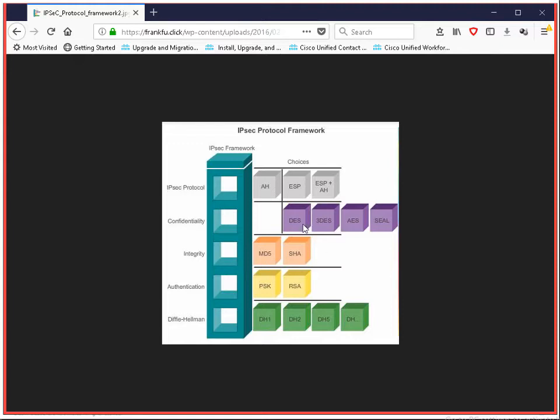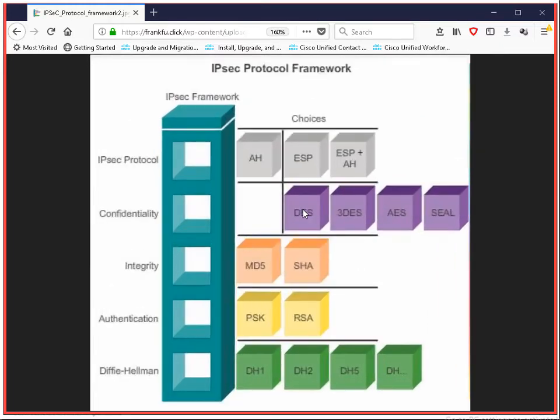Now you have choices in how you decide to implement the protocol. You can do something called AH, which stands for Authentication Header, which means essentially that you're implementing authentication without encryption. So you can see the confidentiality block is missing, but you still have message integrity, authentication, and some sort of key exchange process.